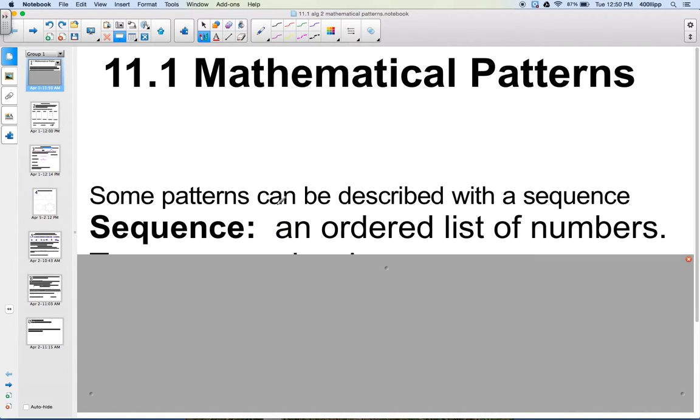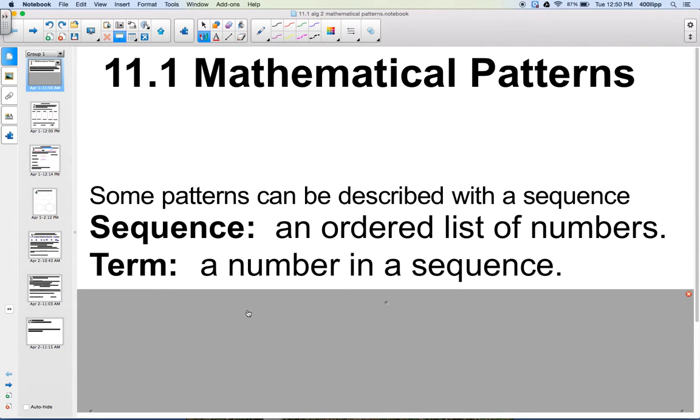Throughout this chapter, we're going to be looking at different types of sequences, mainly two different types: an arithmetic sequence and a geometric sequence. Within each sequence we have terms, and a term is just a number in the sequence.